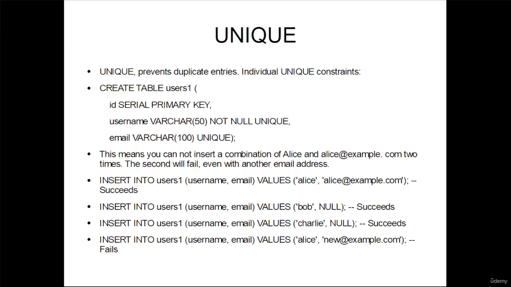Example. Consider the following table creation in Postgres. Create table users1. ID serial primary key. Username varchar(50) not null unique. Email varchar(100) unique. Insert example. Insert into users1 (username, email) values ('Alice', 'alice@example.com'), this succeeds.